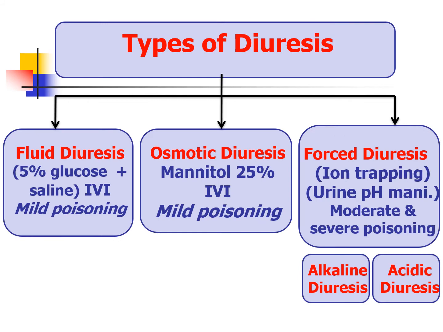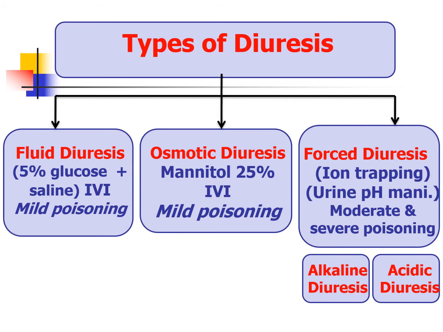There are different types of diuresis, like fluid diuresis, where I just increase the amount of intravenous fluids entering the body to increase the urine volume and concurrently increase the amount of toxin normally eliminated with the urine outside the body. But it's effective only in mild poisoning.